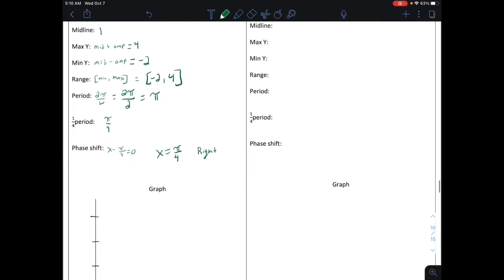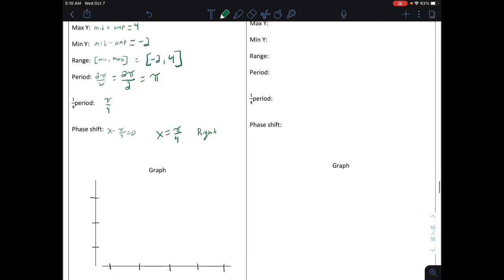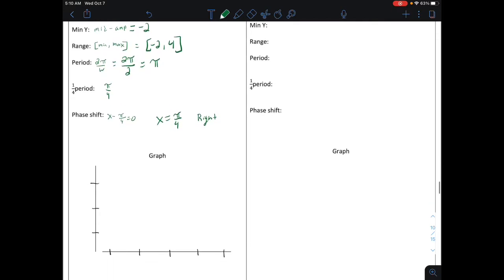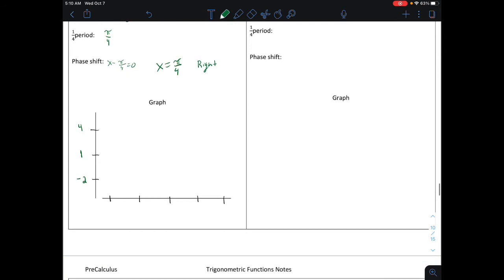We're going to put on our vertical scale our midline, max y, minimum y. So max y 4, min y -2. Our midline was 1. Now on our horizontal scale, the first number that goes on our x-axis is going to be positive pi over 4.